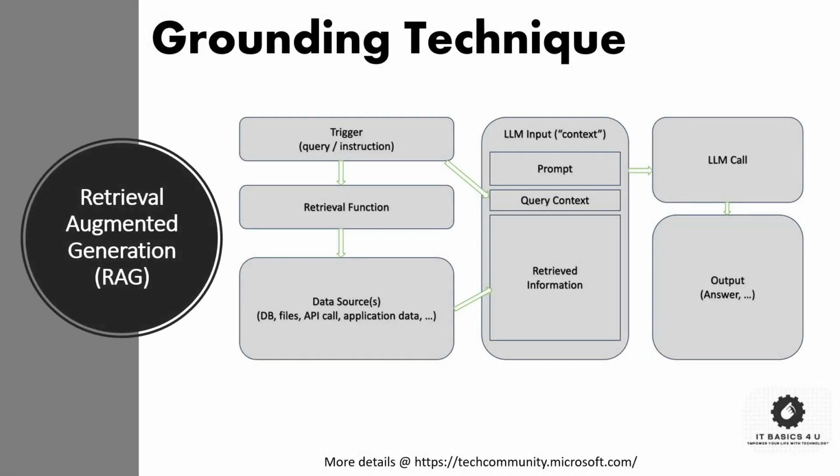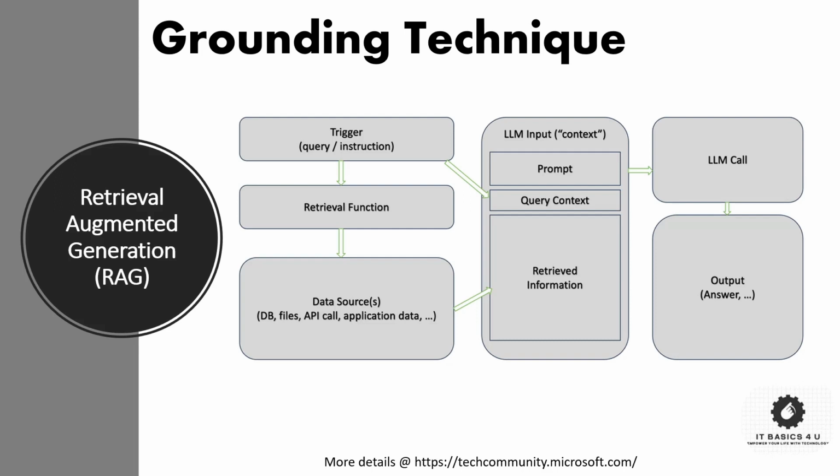Okay, so now we have some understanding of LLMs and grounding, right? Let's get a little more understanding of the techniques of grounding. For this video, we'll be focusing on one of the techniques, and I'm sure there are multiple techniques in the industry, but we are going to be specifically talking about a technique called RAG.